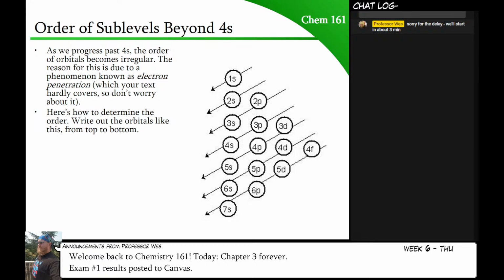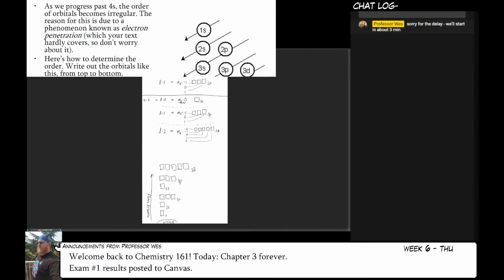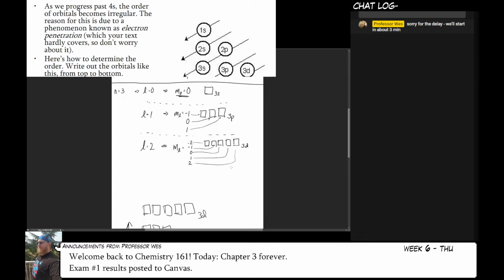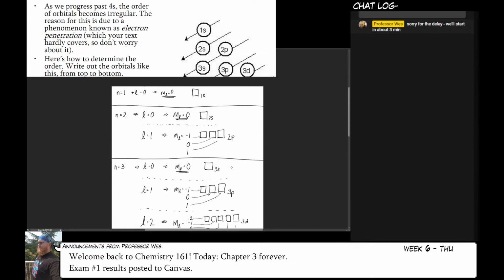Okay, so we'll go back to here. All right, here we go. On Tuesday, I gave this to you, this diagram here. It's kind of zoomed out, actually. We'll just go down here. Actually, let's start up here, because this is how we generated that diagram.